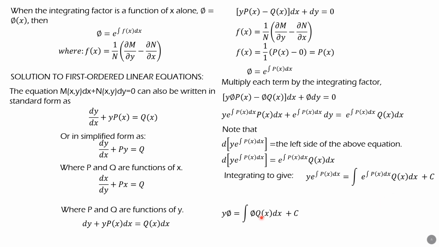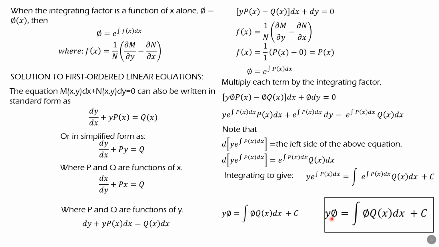So this is the solution in that form: y times p, where p is e to the integral of p of x dx, equals the integral of p q of x dx plus c. So that's it for that principle and concept.